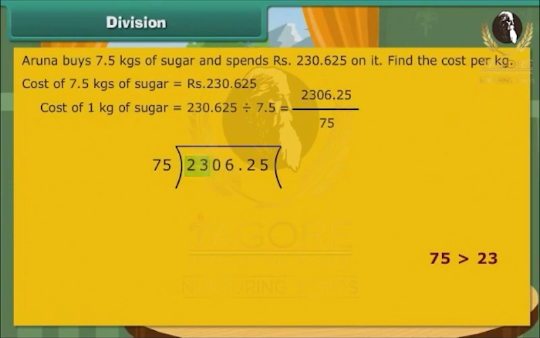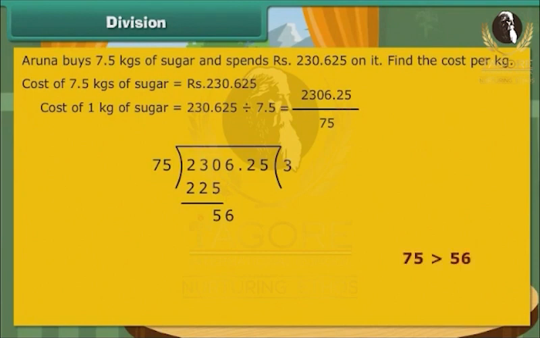Now consider the first three digits together, 230. 230 is big enough to hold 3 times 75, that is 225. Therefore, write 3 on the right and 225 beneath 230. Subtract and write the difference, 5 below. Bring 6 down. The new number formed is 56.